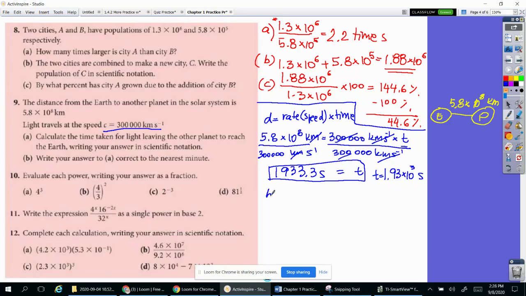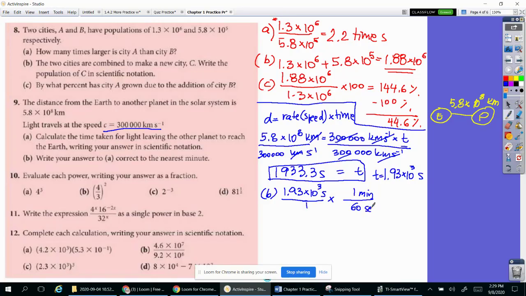Now part B is asking us to write your answer correct to the nearest minute. We can do this different ways, but one of the ways is 1.93 times 10 to the third seconds over 1 times, in 1 minute we have 60 seconds.